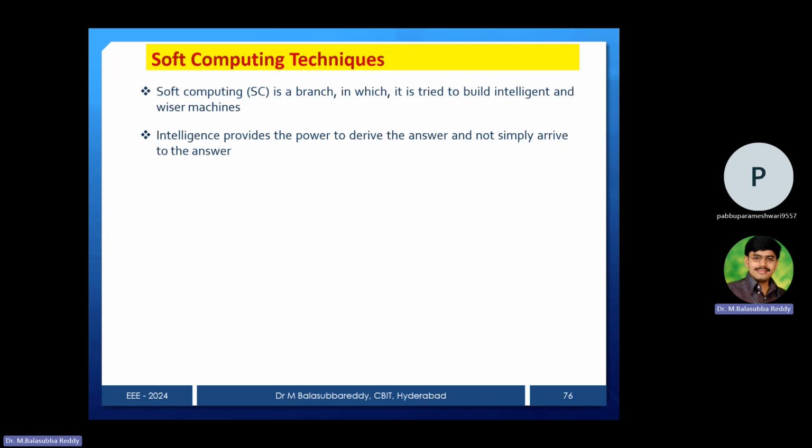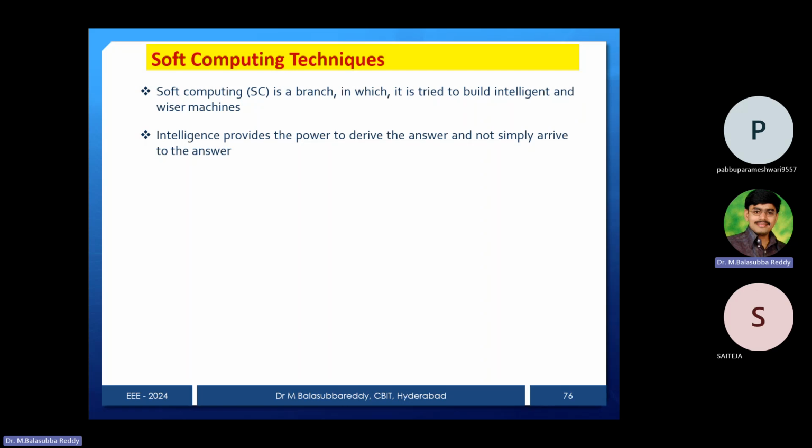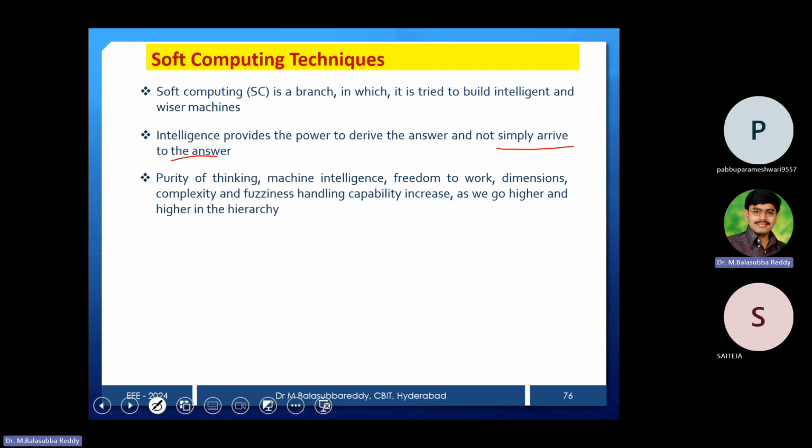Intelligence provides the power to derive the answers, not simply arrive at the answers. It has to derive the answers. Purity of thinking, machine intelligence, freedom to work, dimensions and complexity, fuzziness handling capacity.